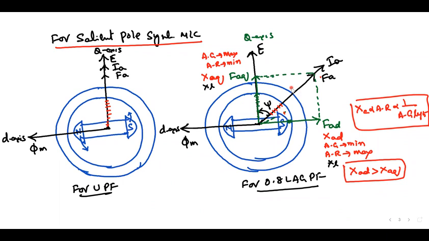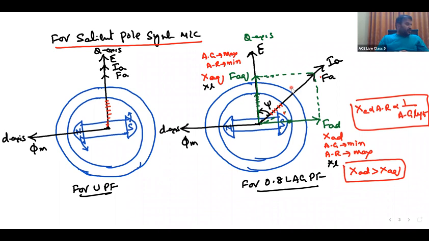Then can we say that IDXD is always greater than IQXQ? I don't think ID is always greater than IQ. It may be anything. One teacher said that IDXD is nearly always greater. It depends on the psi value: ID equals IA sin psi, and IQ equals IA cos psi.